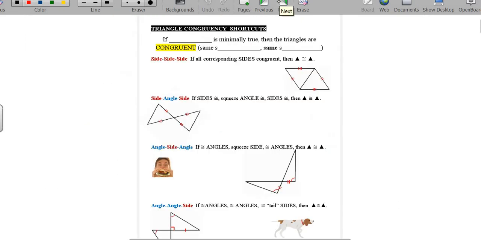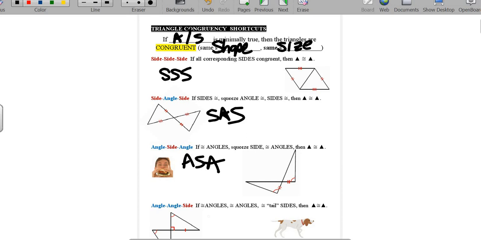The last skill is to know shortcuts to similarity. Now remember, we had shortcuts to congruency. If a set of angles or sides is minimally true, the triangles are congruent, which is same shape, same size. And we had 3 congruency shortcuts: side, side, side; side, angle, side; and angle, angle, side.